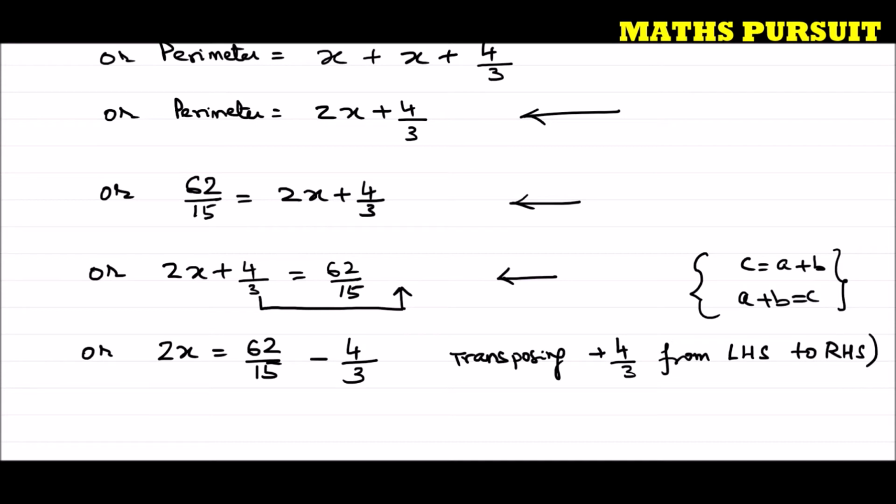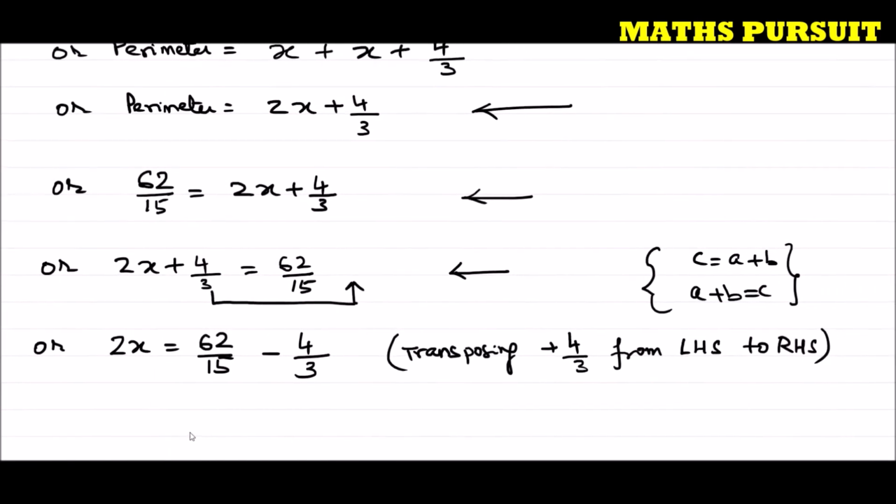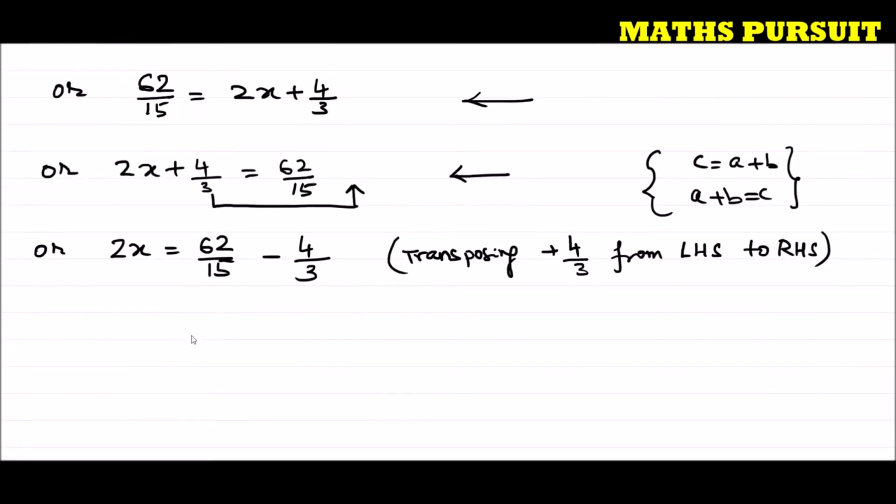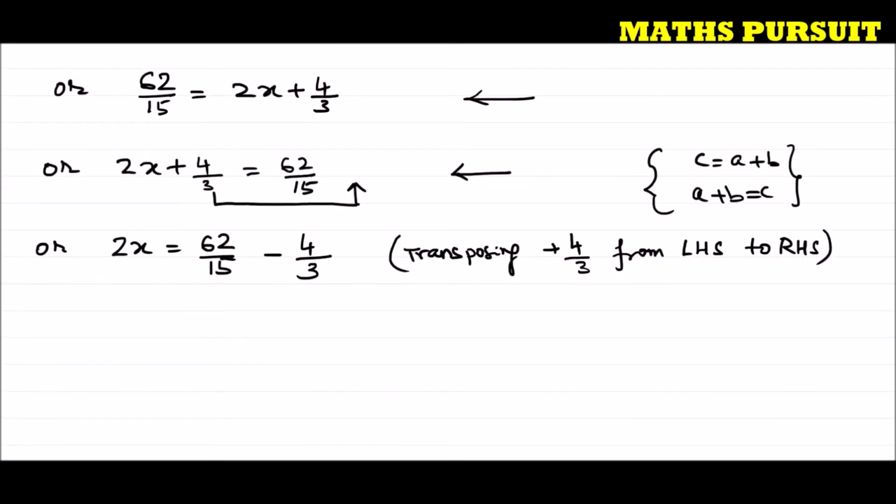I am moving very slowly and step by step so that you can understand. We got 2x is equal to 62 upon 15 minus 4 upon 3. Now let us solve this further.